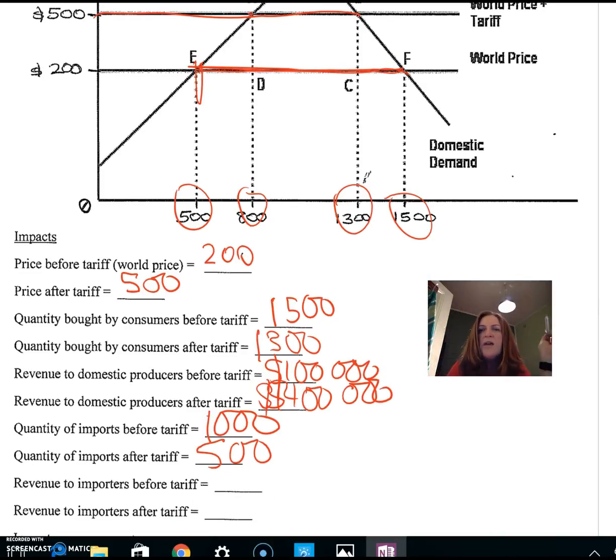Further impacts are on the revenue that goes to importers. Before the tariff, importers sell 1,000 barbecues at $200 each, so their revenue would have been $200,000.